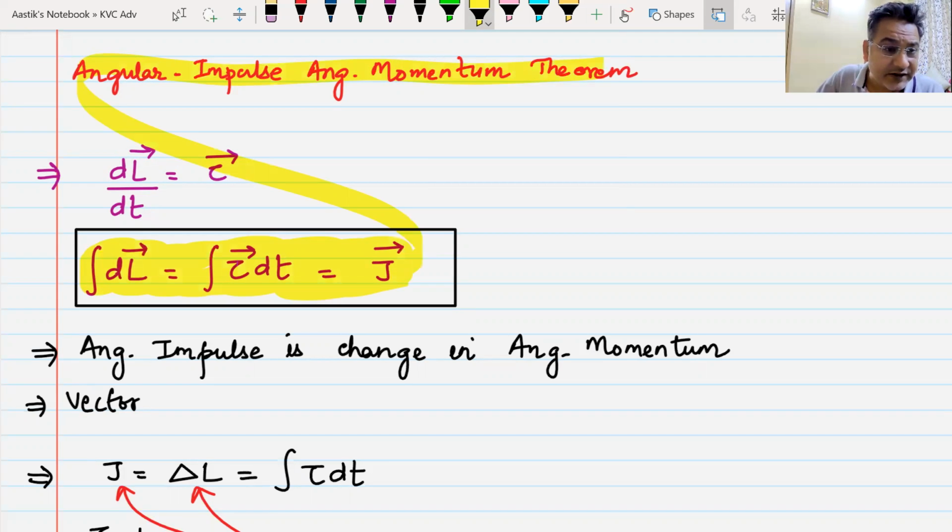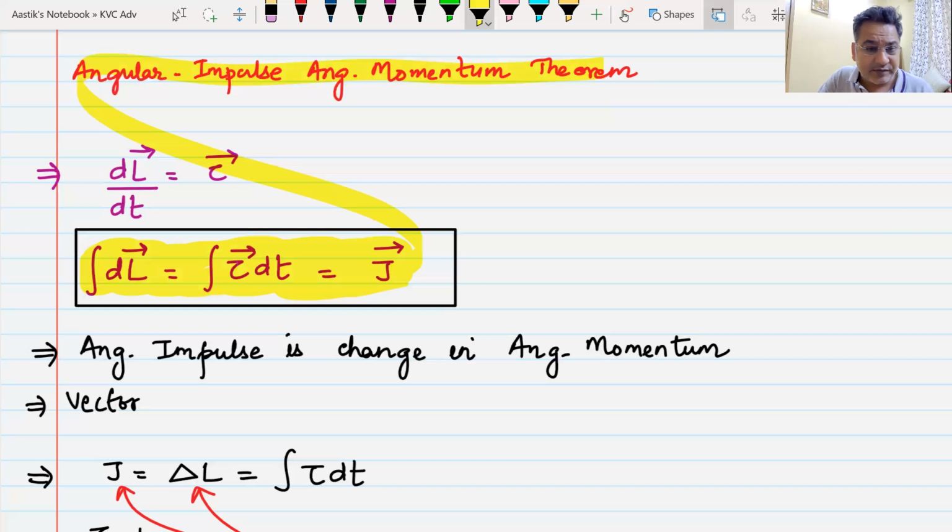This statement is known as the angular impulse theorem. Do we understand this? Yes, sir. So whenever I say angular impulse, the definition of angular impulse actually tells us the angular momentum theorem. Everyone understands this? Yes, sir. Please note it down.